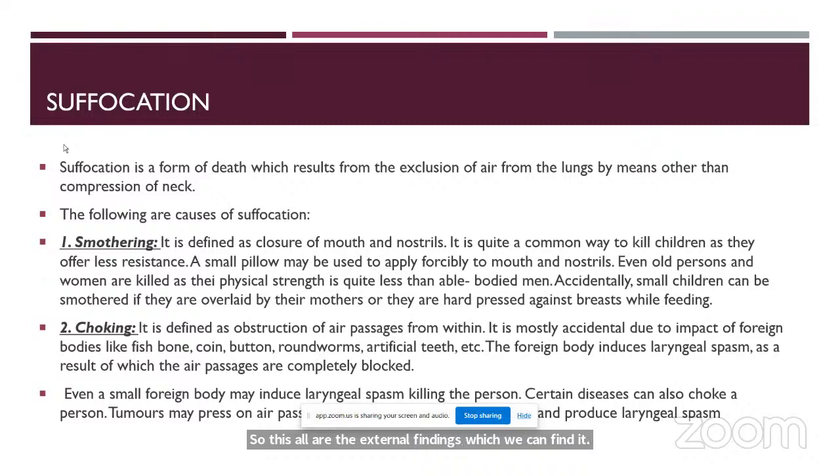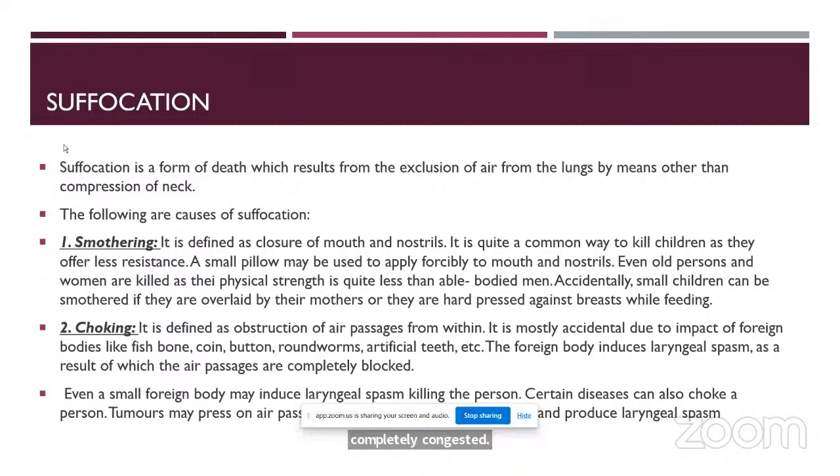Talking about the internal findings which we can see in choking, foreign bodies like cloth or mud or coin or any kind of bone may be present in the throat or trachea area, because of which the air passage is completely congested.